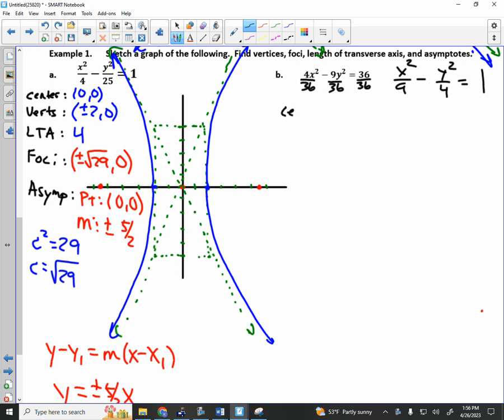I have the center. I have the vertices. I have the length of the transverse axis. I have the foci. And I have the asymptotes.